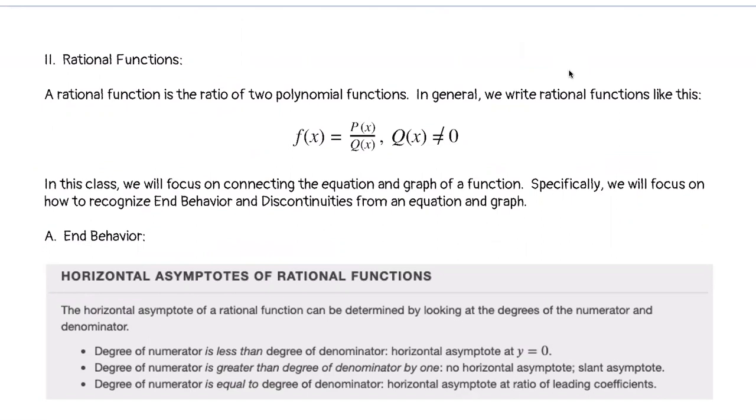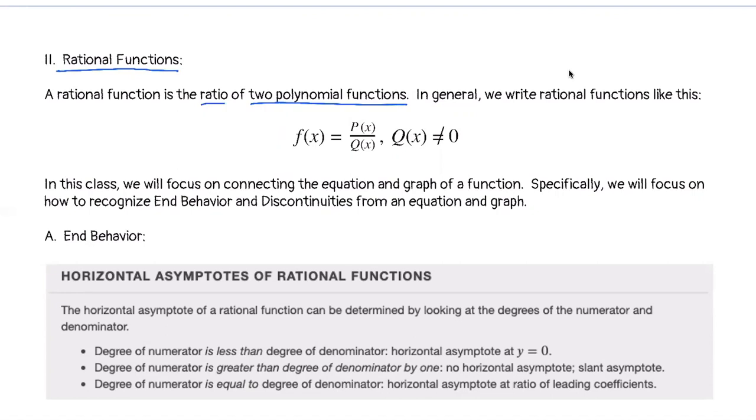A rational function comes from the ratio of two polynomial functions. We spent the whole chapter talking about polynomial functions by themselves, but in this last section we're looking at what happens when we divide two polynomial functions.